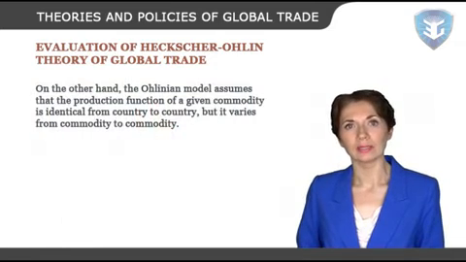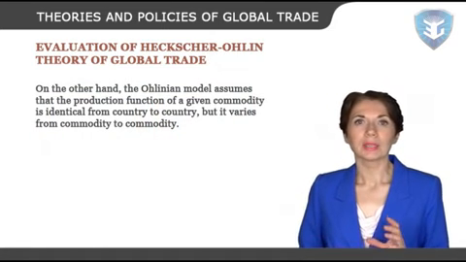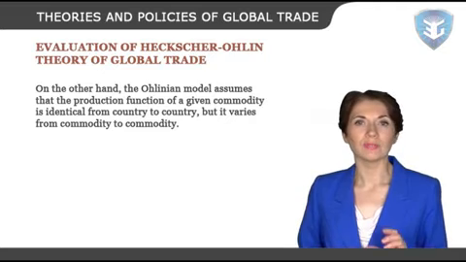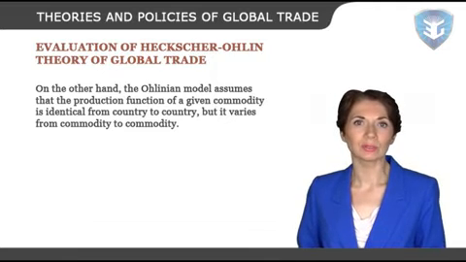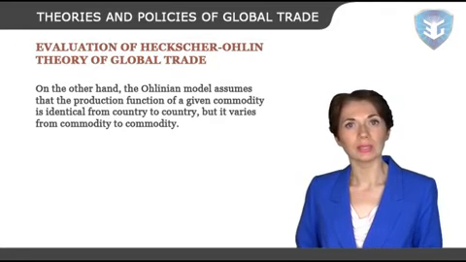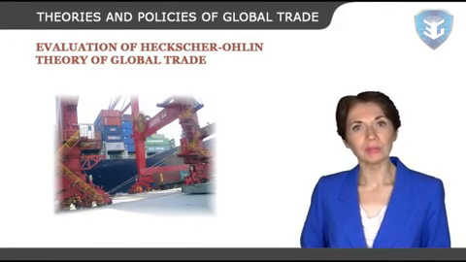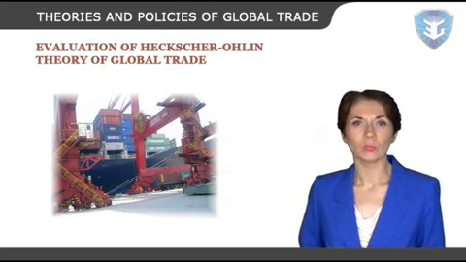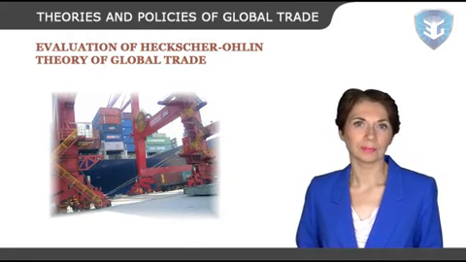On the other hand, the Ohlinian theory assumes that the production function of a given commodity is identical from country to country, but it varies from commodity to commodity. For example, some goods are labor-intensive, while some are capital-intensive.